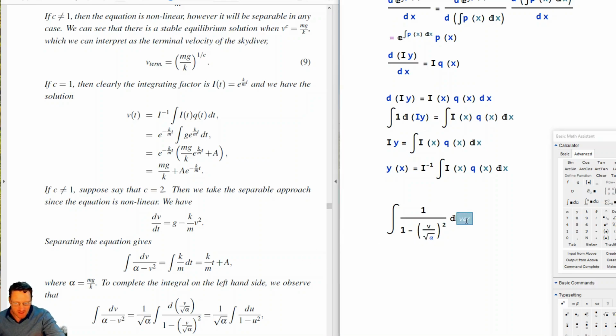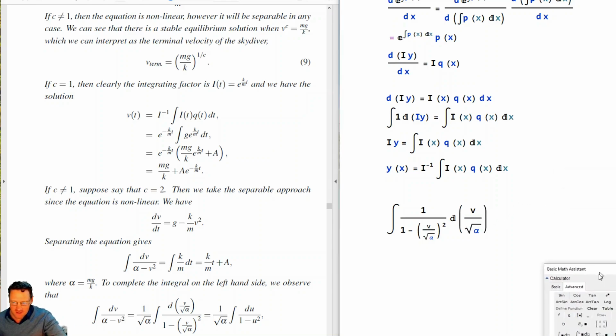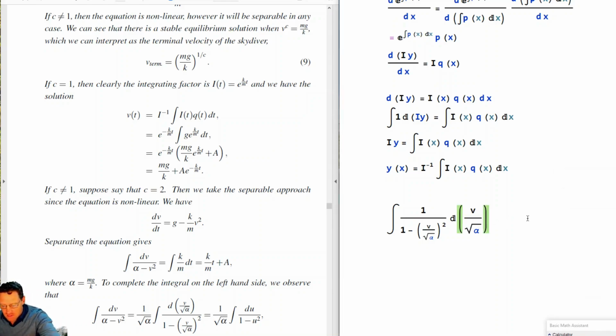Okay, and then we said with respect to the variable v over the square root of alpha. Okay, so let's just narrow in on, focus on this particular integral here to verify that it is indeed what we have there on the left.